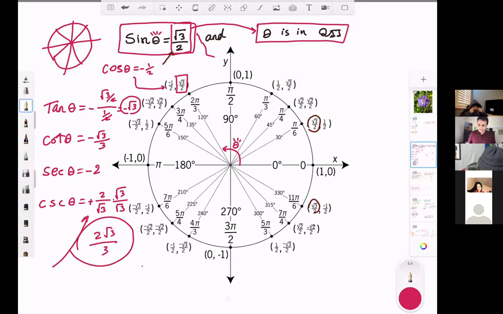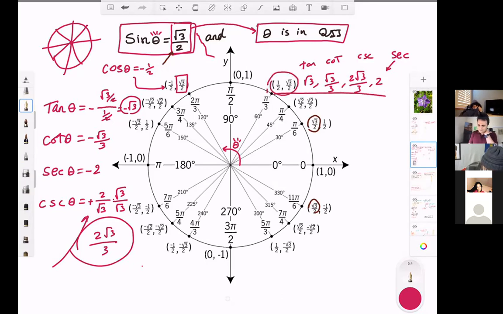So this is cosine, sine, then tangent is √3, cotangent is √3/3, cosecant is 1/sine, which is 2√3/3, and secant is 2. Correct? This is secant, cosecant, cotangent, tangent.